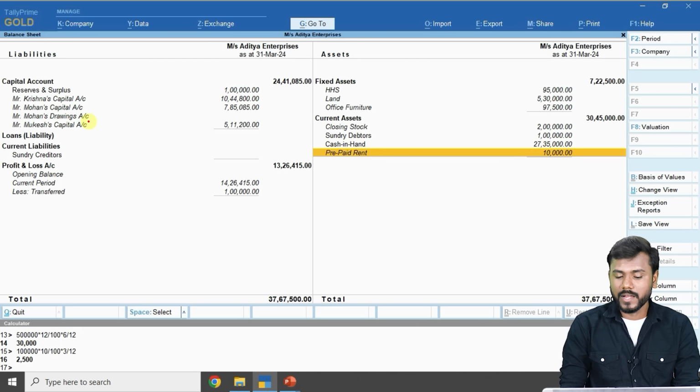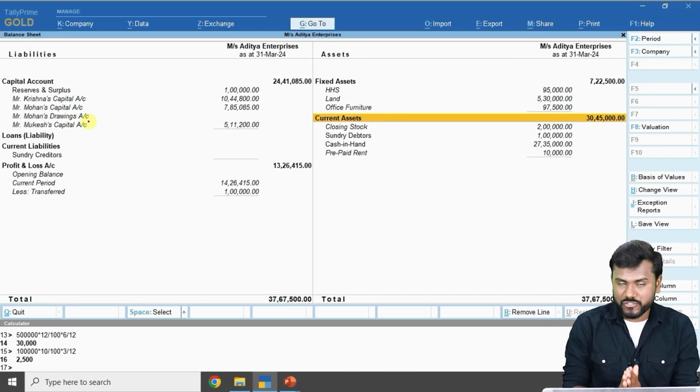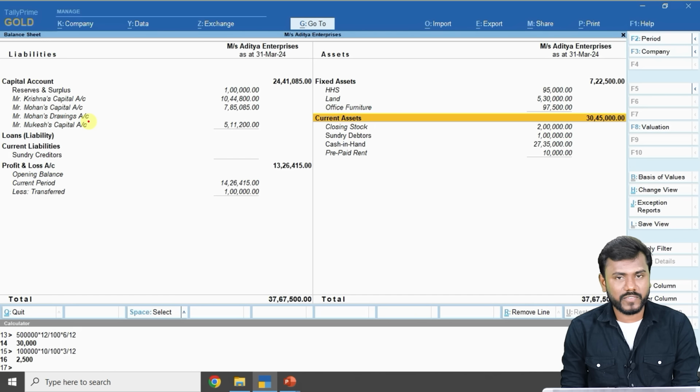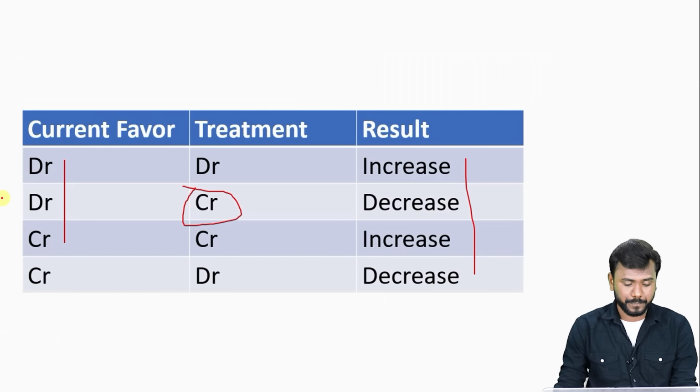So you can see here prepaid rent is increased by 10,000. So overall the balance sheet shows actual balances of 30,45,000 as assets. If you really had not paid, the same current assets of 30,45,000 would be available, right? For that.